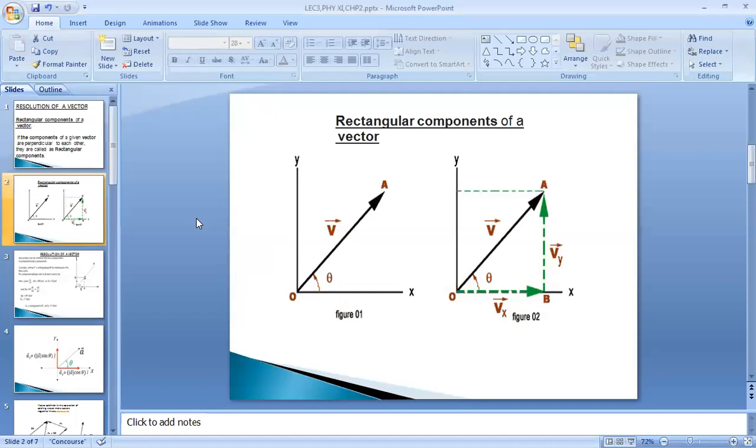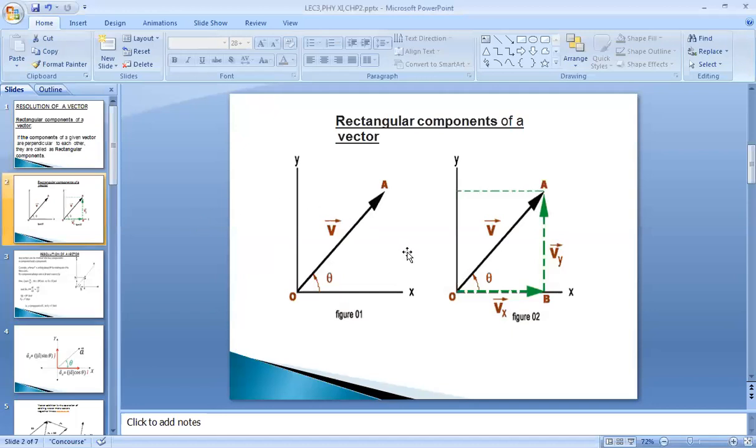If a vector or force acts along the x-axis, it will not break, and a force acting perpendicular to the body along the y-axis will also not break. But if the force acts anywhere between 0 and 90 degrees, we will break it.